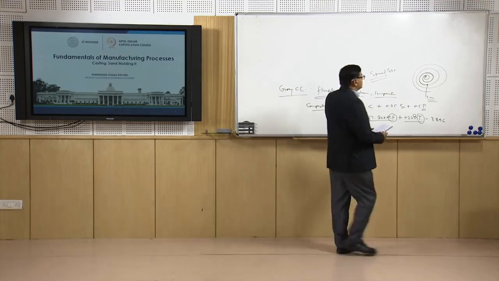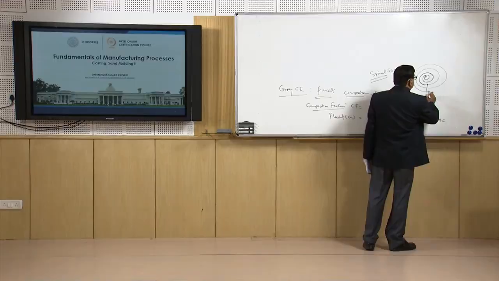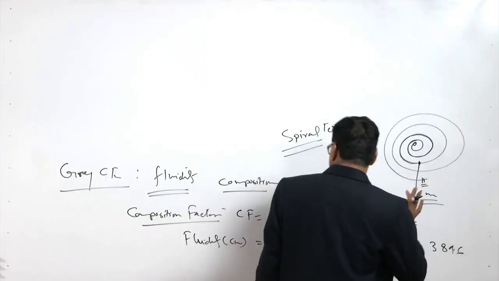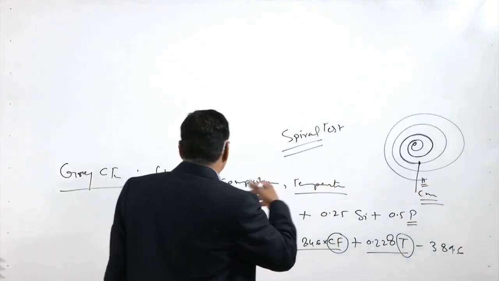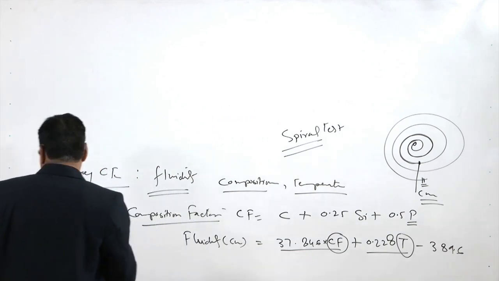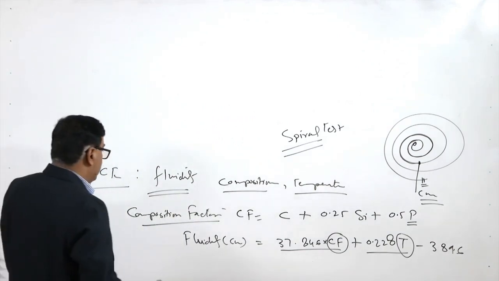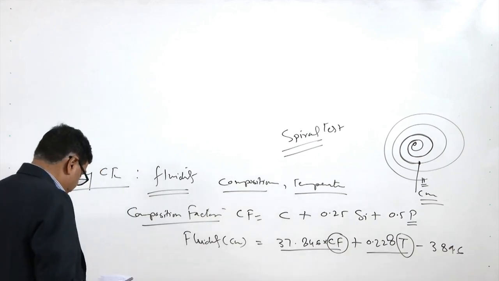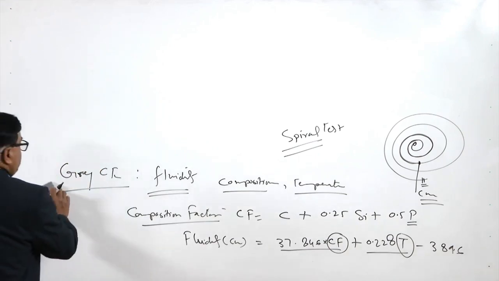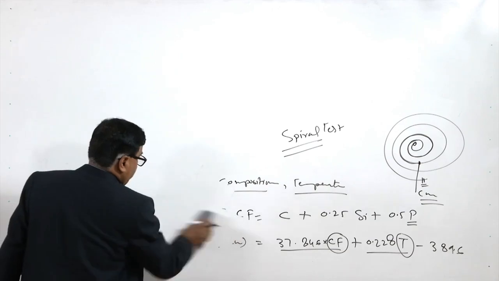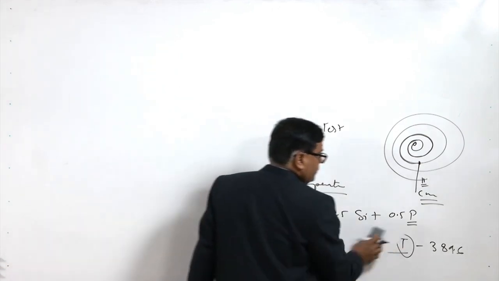If the molten metal is able to reach that far, it is of extremely high fluidity as compared to those which cover shorter or somewhat lesser lengths. So, this is how we can determine the fluidity.